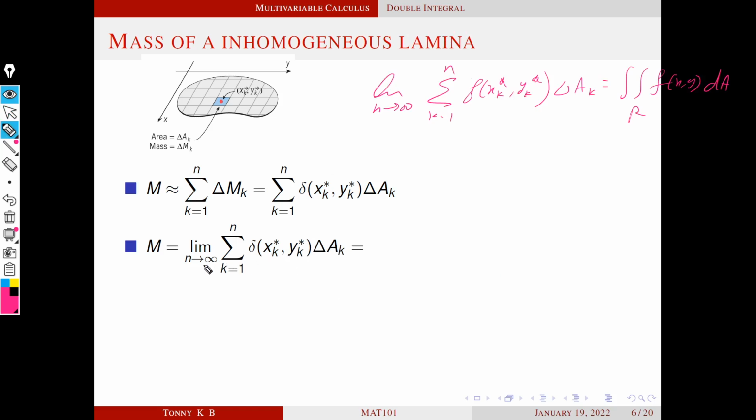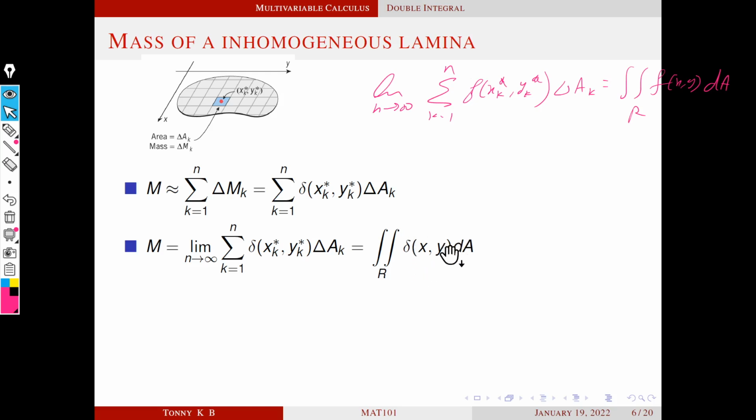Yes, this infinite sum is familiar. What is the integral notation of this infinite sum? We know that the limit as n tends to infinity of sigma k equal to 1 to n f(x_k star, y_k star) delta A_k is denoted by a double integral. Analogous to this, its integral representation is the double integral over R of delta(x, y) dA. Delta(x, y) is the density function of this inhomogeneous lamina.